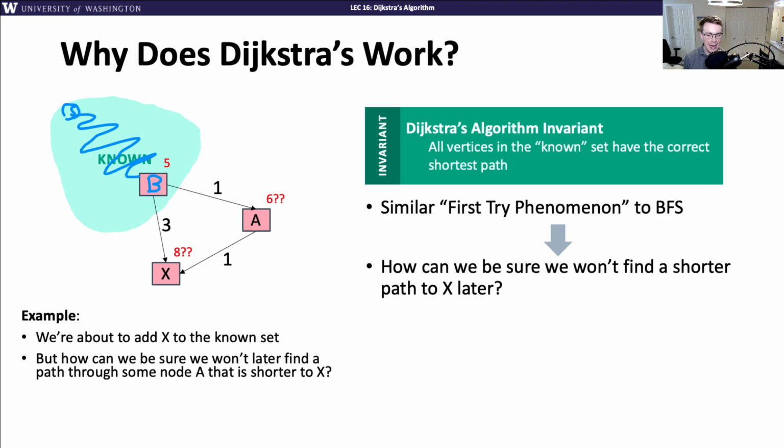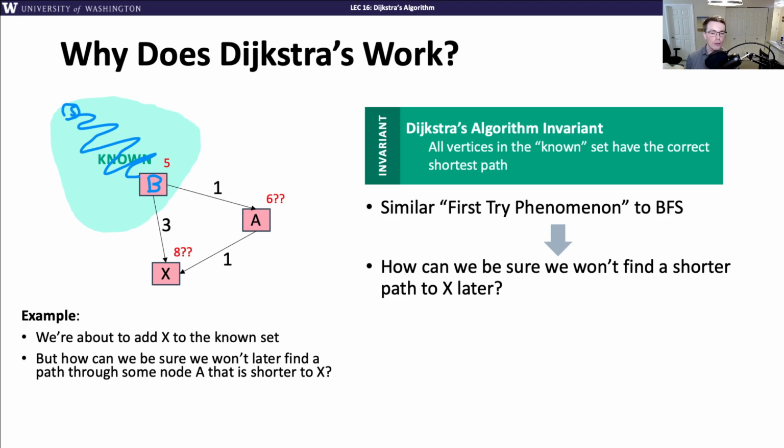The reason it can't exist is that we were deciding to choose X next. Remember, we choose which nodes we're going to add to our known set based off the shortest distance from our proposals. So if X had the shortest distance, and we're about to add it to our known set, there is no node in the perimeter that has a shorter proposed distance.